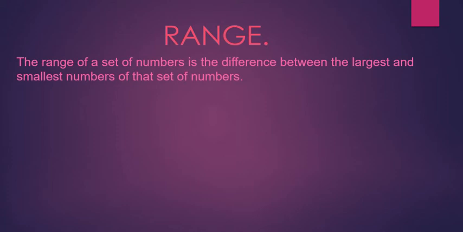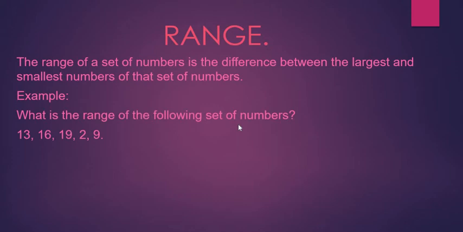With that being said, let's look at one example to get a better understanding of the range. The question says, what is the range of the following set of numbers? The numbers we've been given are 13, 16, 19, 2, and 9. As I said, the range is simply the difference between the largest number and the smallest number.